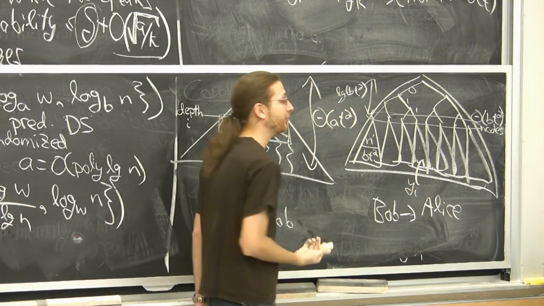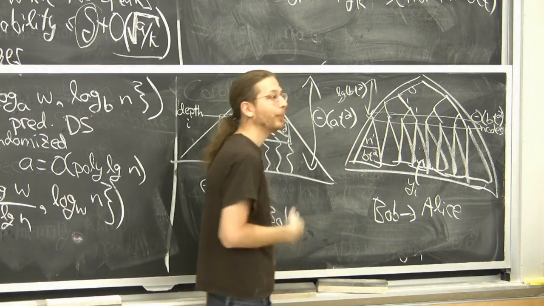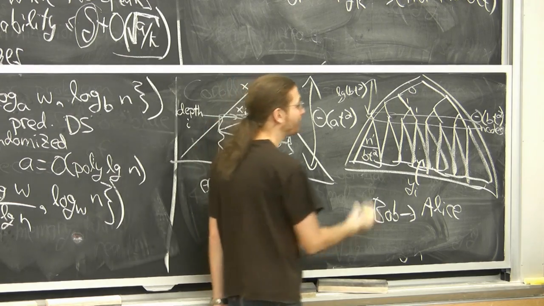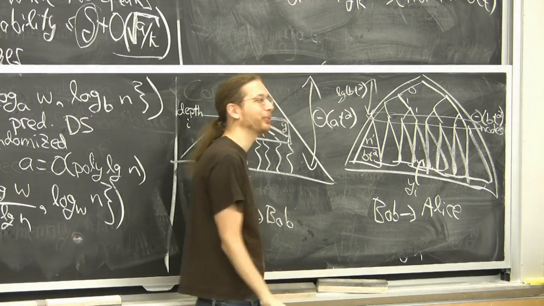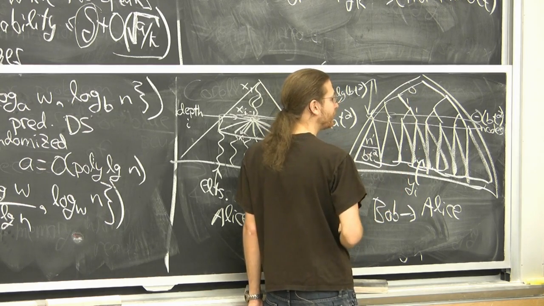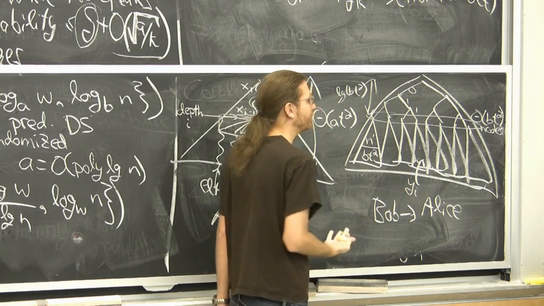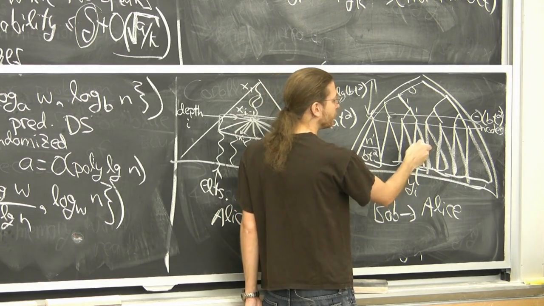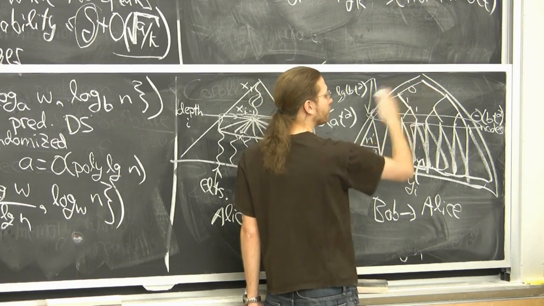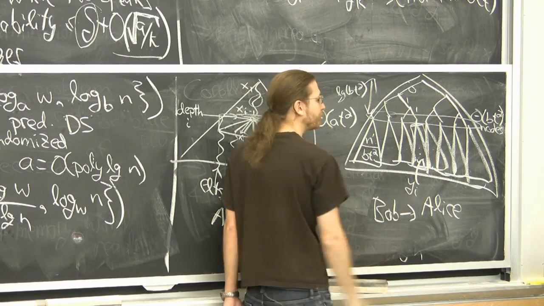Alice knows what i is, what those leading bits are. Bob doesn't, and Bob's speaking first. So Bob could try to summarize this entire data structure, but there's basically no hope. Bob needs to know what are those early bits, so the first message from Bob is going to be useless. Alice can then send the bits, and then you can restrict your problem to a regular predecessor problem in here. If you eliminated this root node, your entire problem is a predecessor problem in here.